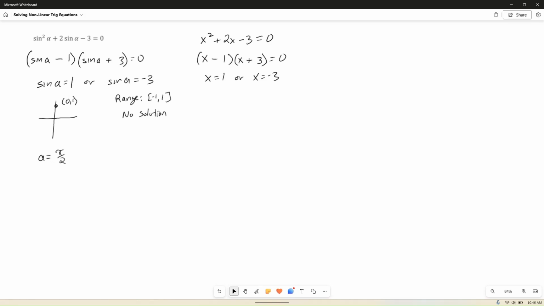So all we really have as a solution to this problem is alpha equals pi over 2. And again, that's the solution on 0 to 2 pi. So how do we express the fact that there are infinitely many solutions as we rotate around and they're all coterminal with pi over 2? We're going to say alpha is equal to pi over 2 plus 2 pi k.